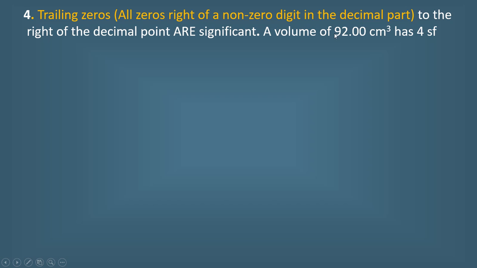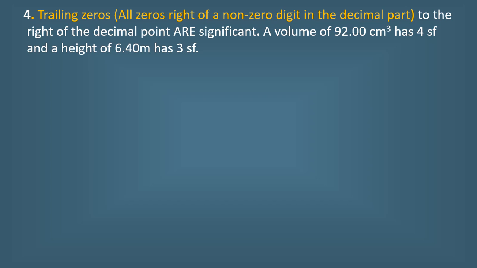A volume of 92.00 centimeters cubed has 4. Now these zeros are to the right of this non-zero digit, even after the decimal point, and they are significant.